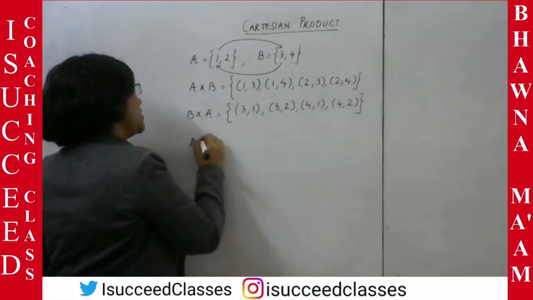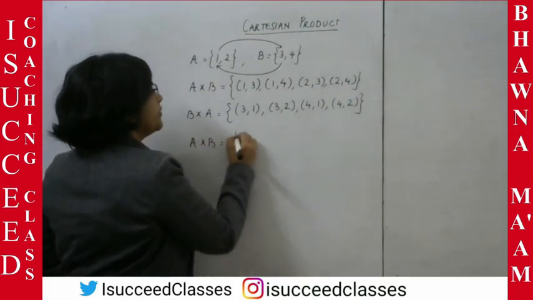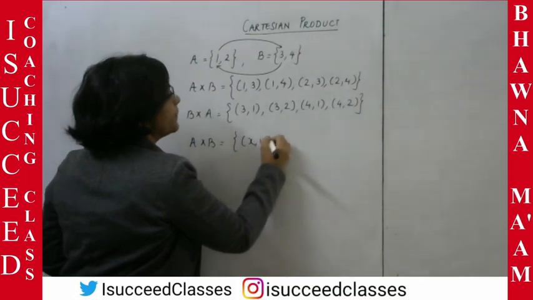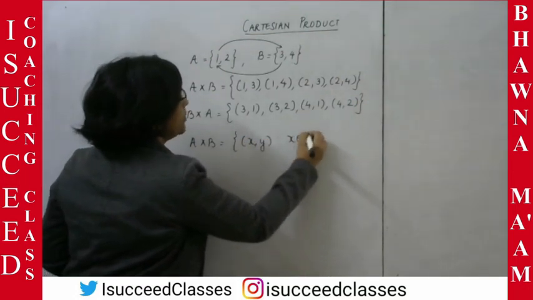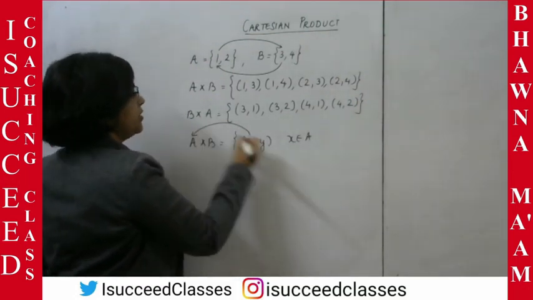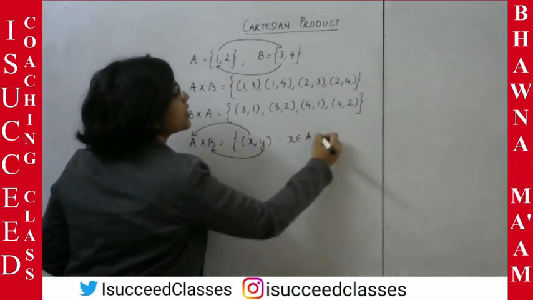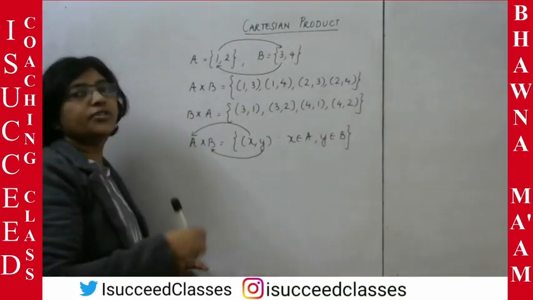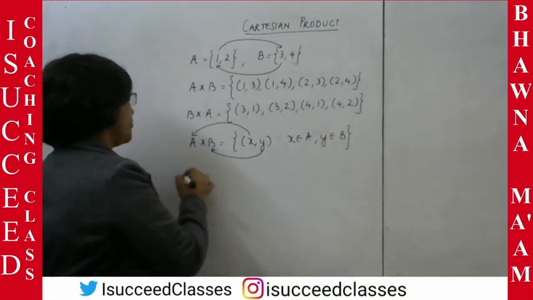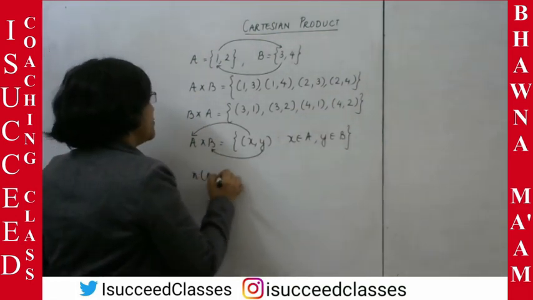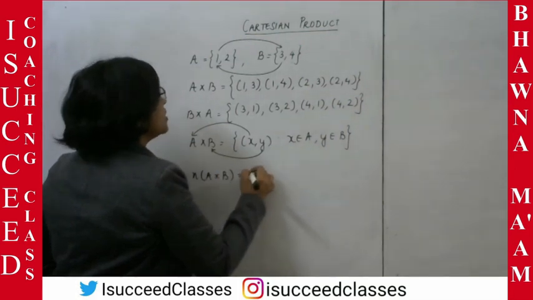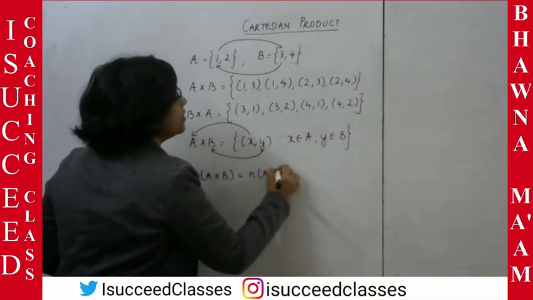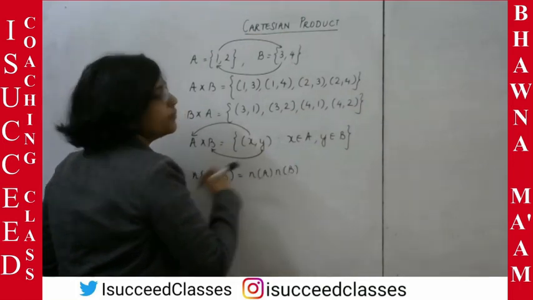In A cross B, in general, it is (x, y) such that the first element belongs to the first set and the second element belongs to the second set, and every element should be related. The number of elements in A cross B would be the number of elements in A times the number of elements in B.